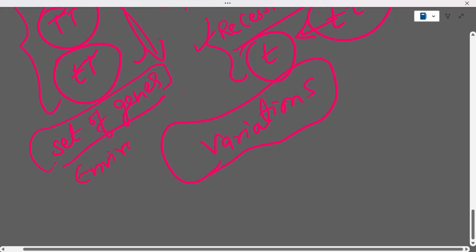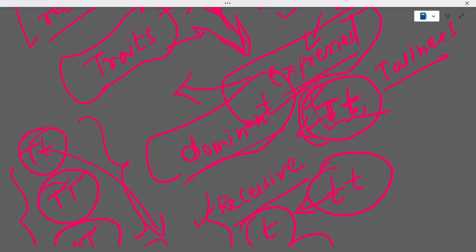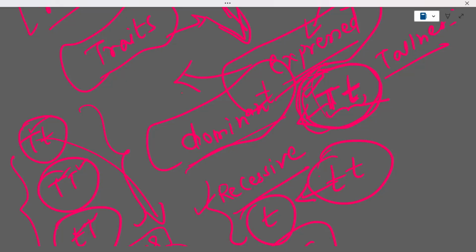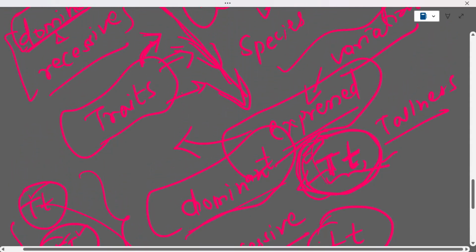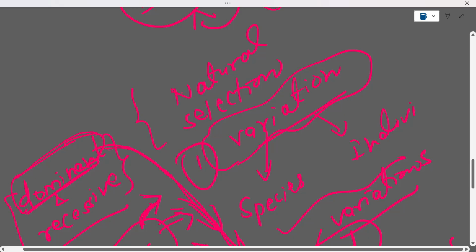So it's a complex phenomenon. I might have made this simple in terms of one particular trait, and this expression is much more complex than what I have described here. But yes, if simplified, the process can be explained in this way only.